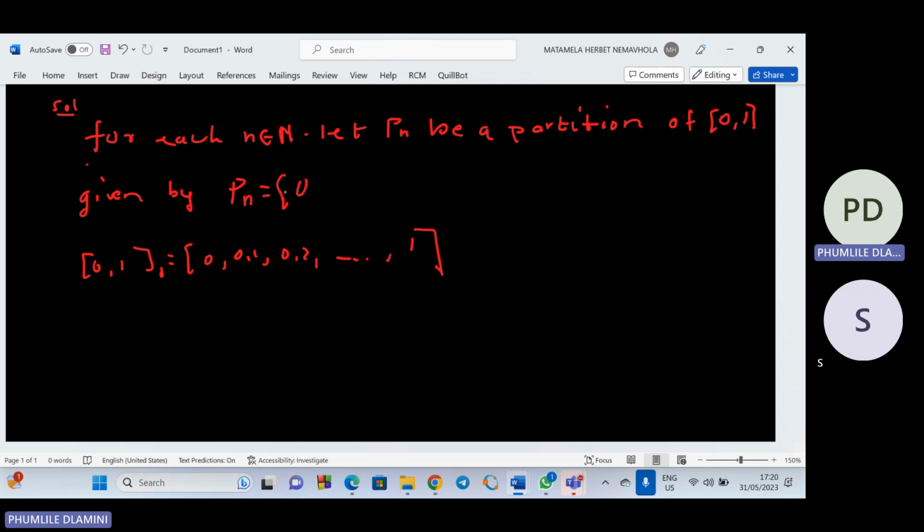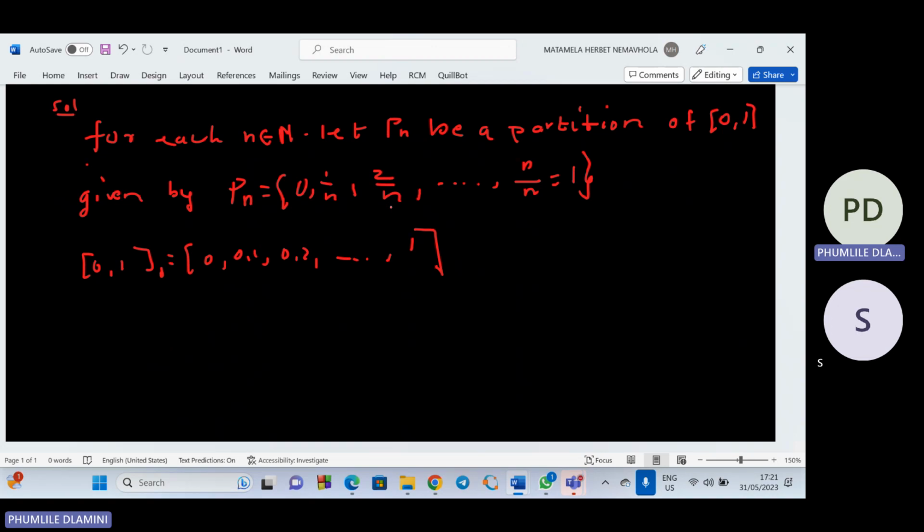So we're going to have 1 over n, then 2 over n, then 3 over n, until n over n, which equals 1. So this is our partition.